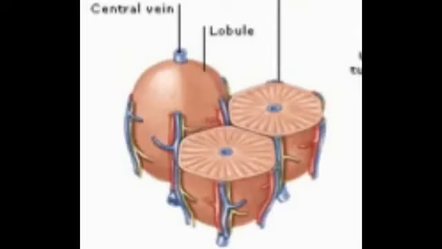The architecture of the lobules and how they are positioned to each other make it possible for the liver to have 500 functions. Then we go to the next slide.